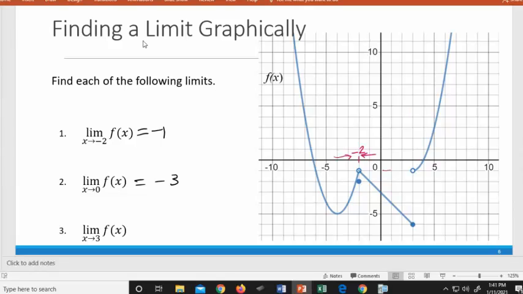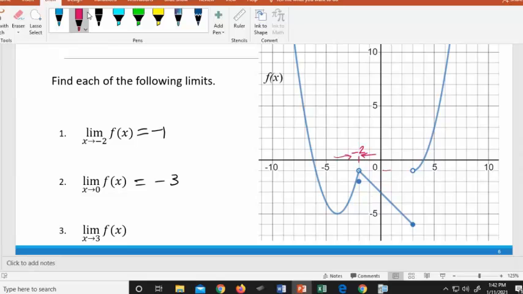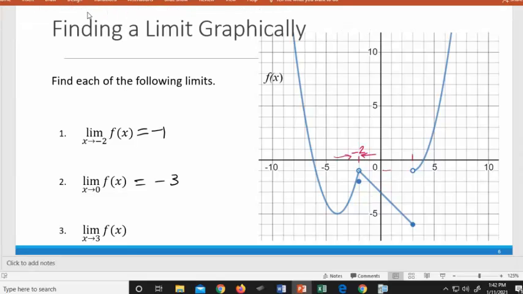Okay, one other. What about the limit of f of x as x approaches 3? So 3 is here. Okay, so the left-hand side approaches -6, right?